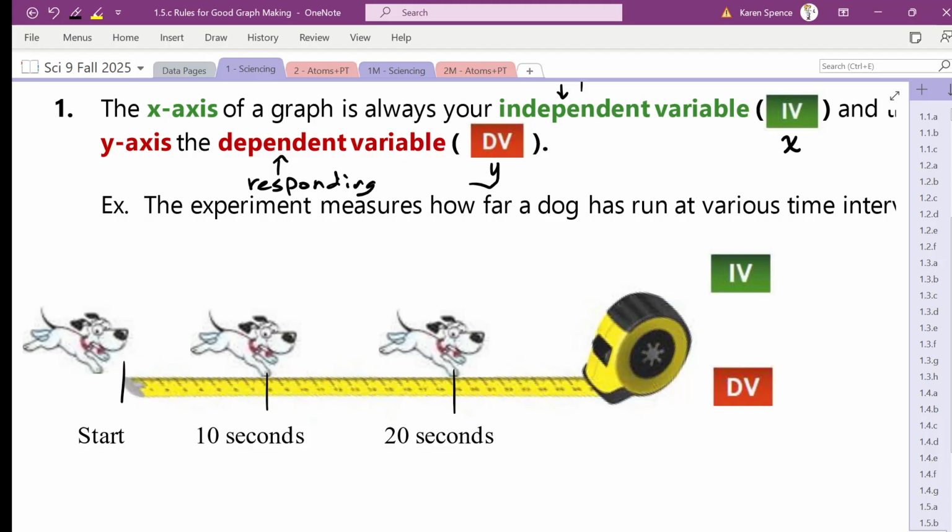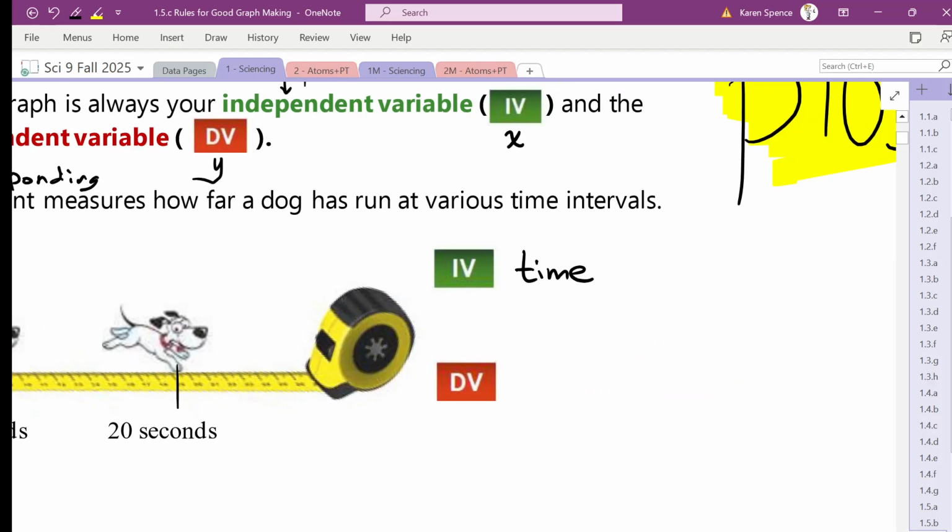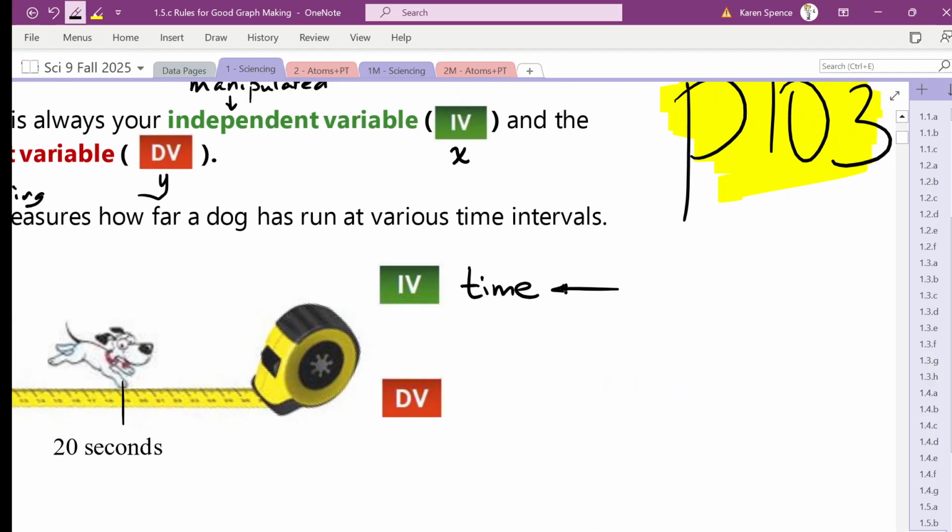Okay, what do we think is the independent variable? Time. Now, in almost any instance, if time is one of the variables, it will almost always be the independent variable.